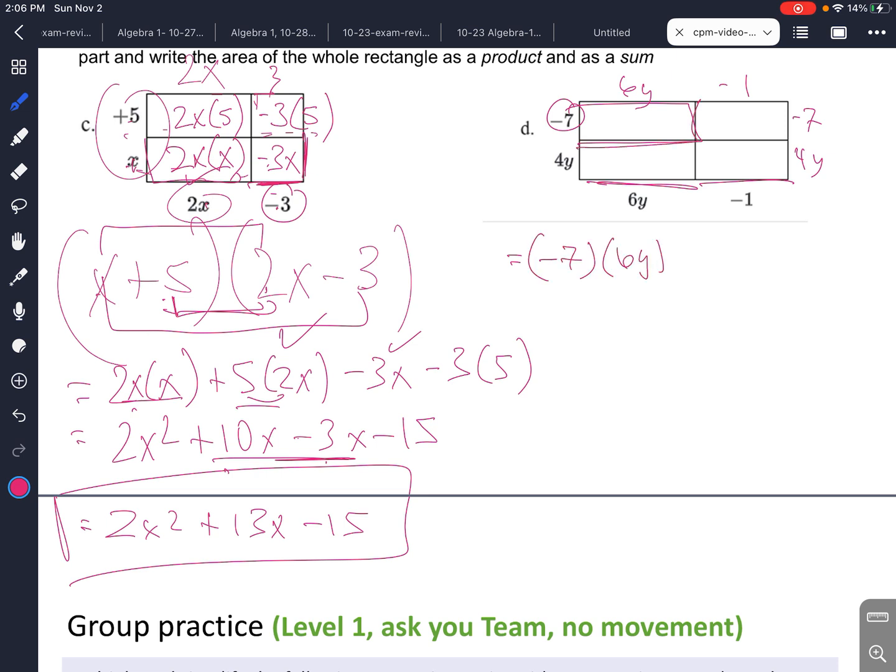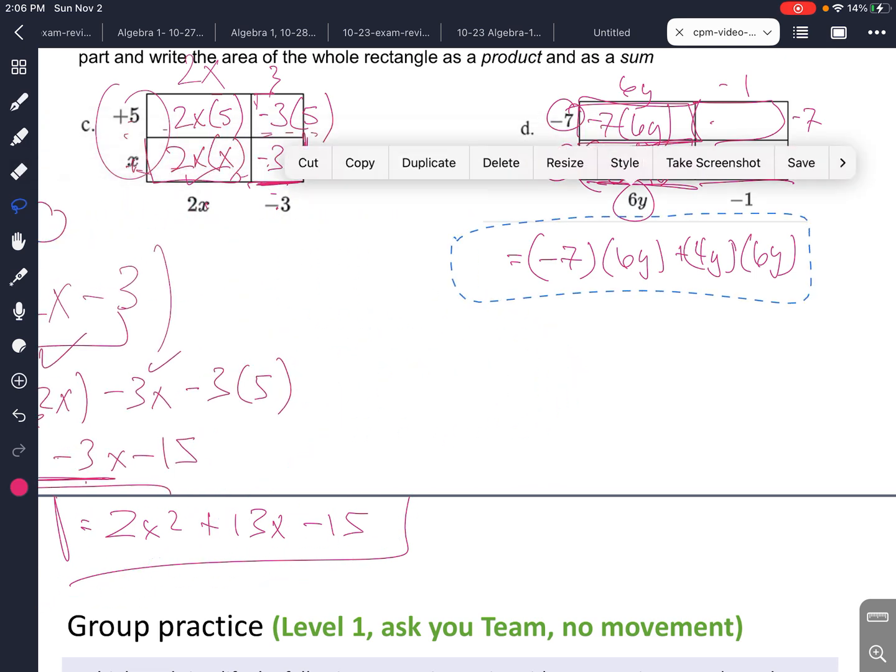It's just the area of this rectangle. And this rectangle must be plus 4y times 6y.